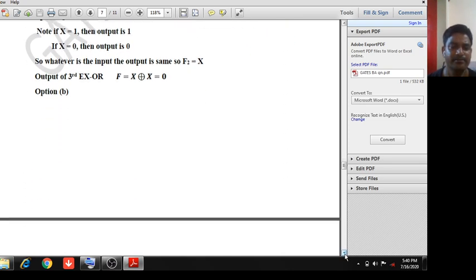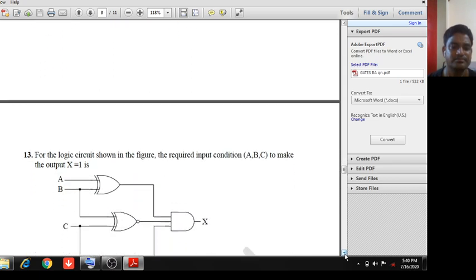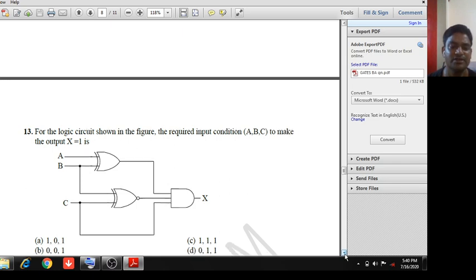So next question. This question I think I already explained in one video. Minimum number of NAND gate. For the logic circuit shown in figure, they require the condition for ABC. X, this is 1 1 1. Okay, so output will be high when it is 1 1 1.